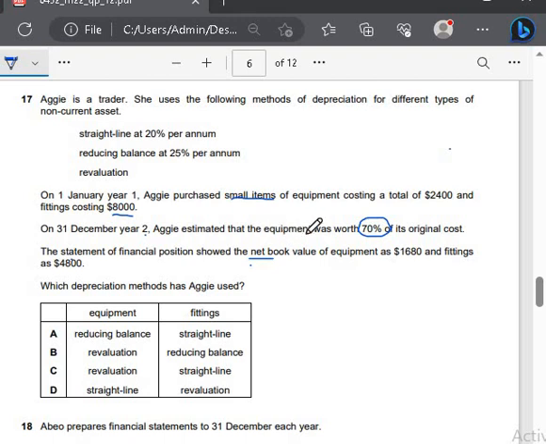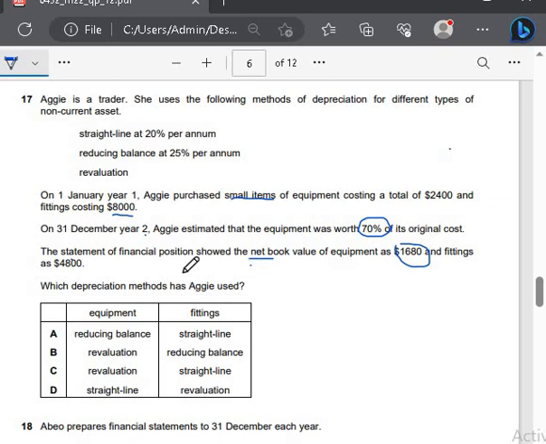As they say, that would be the actual value of the asset. Which means they have not used any other percentage, just 70% should be the value at the end of the year. So the statement of financial position shows the net book value of equipment of 1,680, which is exactly 70% of 2,400.